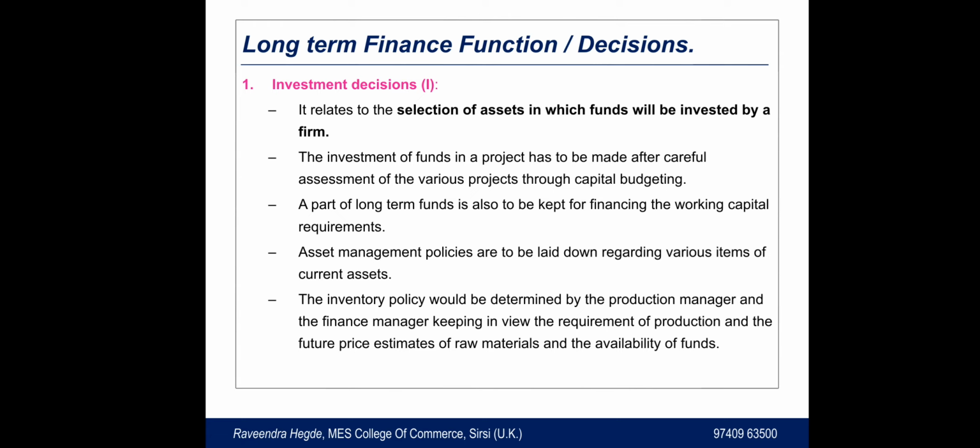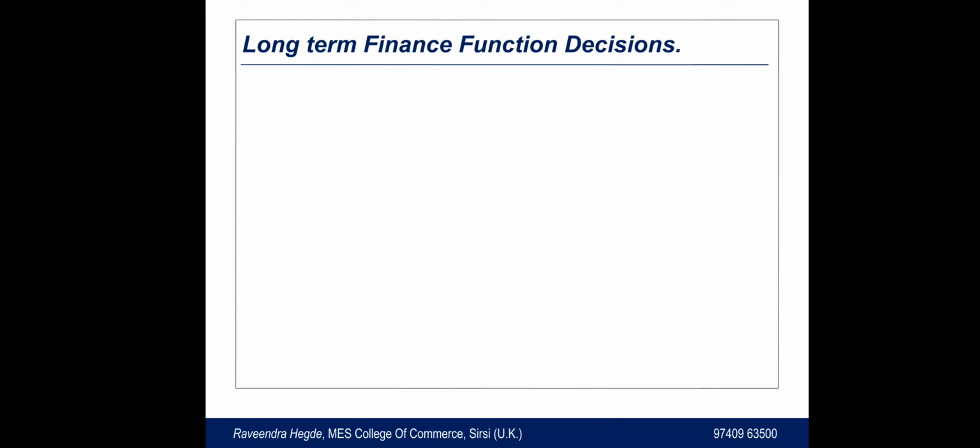Friends, asset management policies are to be laid down regarding various items of current assets. The inventory policy would be determined by the production manager and the finance manager, keeping in view the requirement of production and the future price estimates of raw materials and the availability of funds.